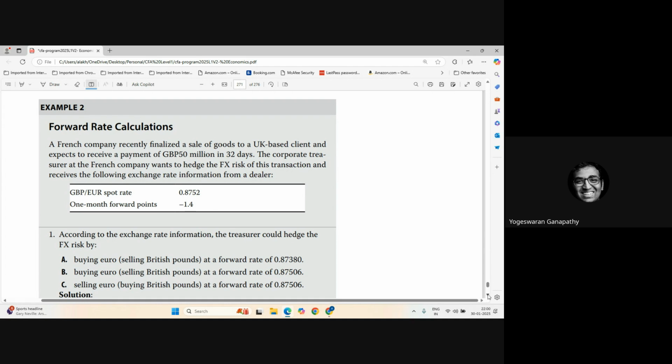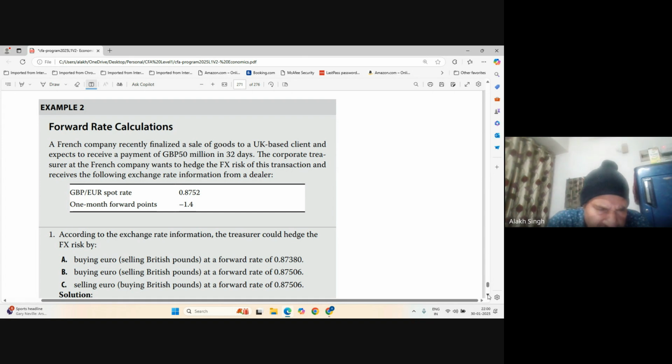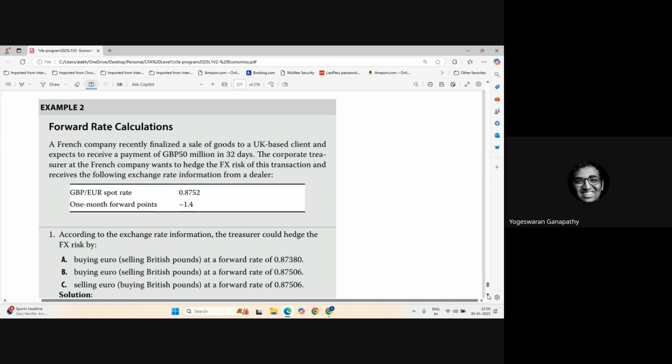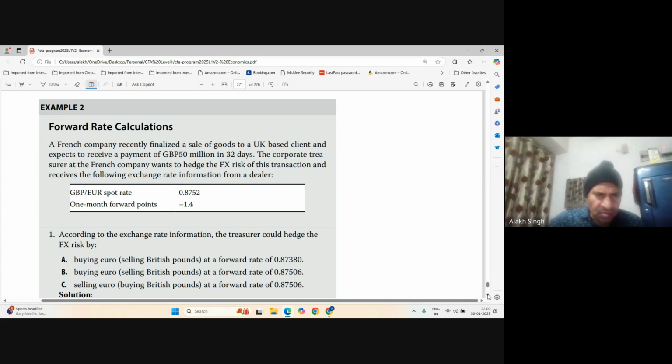So according to the exchange rate information, the treasurer could hedge the risk by buying euro at a forward rate of 0.873, or selling euro. No, sir, because it is expected to appreciate, then he has to buy the euro. For the forward rate, you add to 0.8752. The points have been multiplied by 10,000, so divide by 10,000 and add.